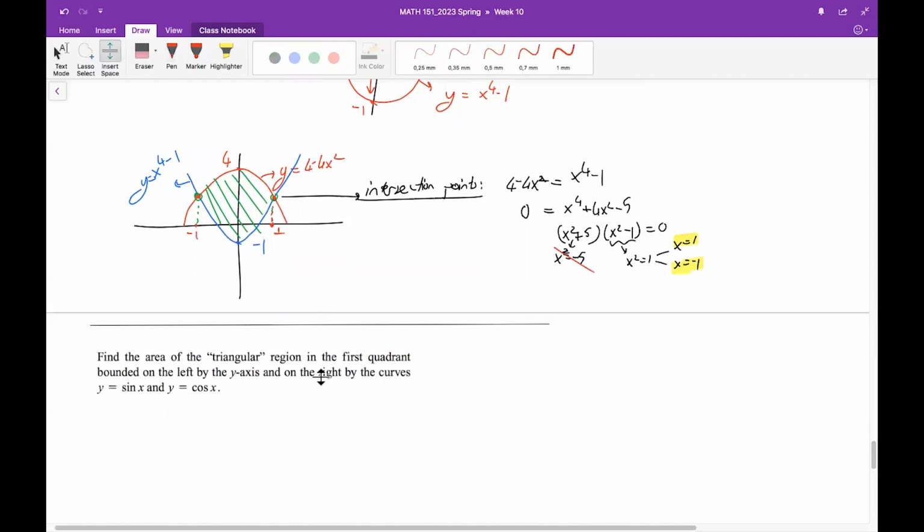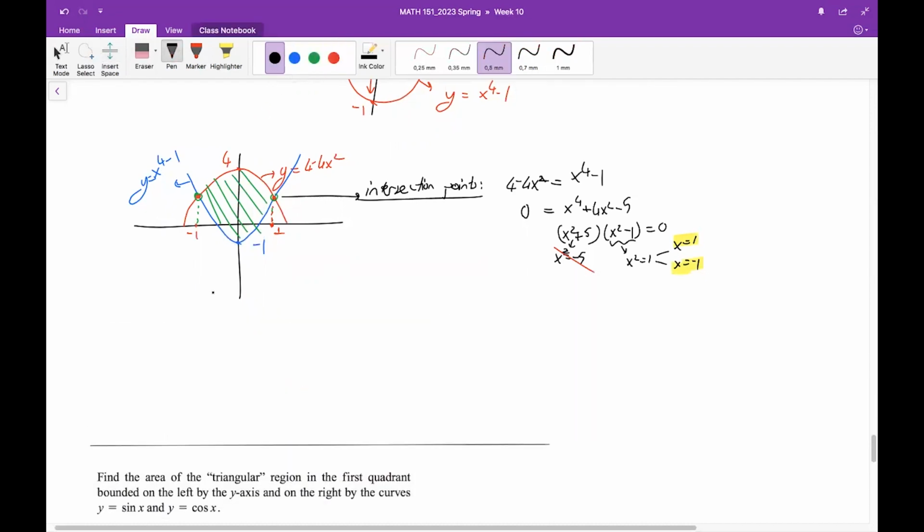After finding the intersection points, now we are ready to find the shaded area. It can be computed with an integral. So we need to look at this line segment. Bigger curve minus smaller curve we will apply. So the bigger curve is this red one, 4 minus 4x squared, minus the smaller curve.